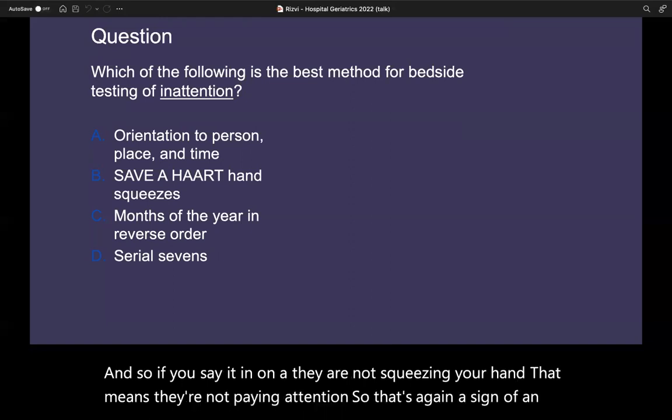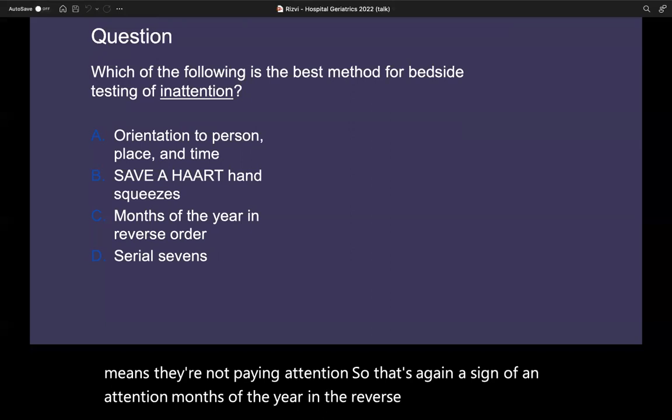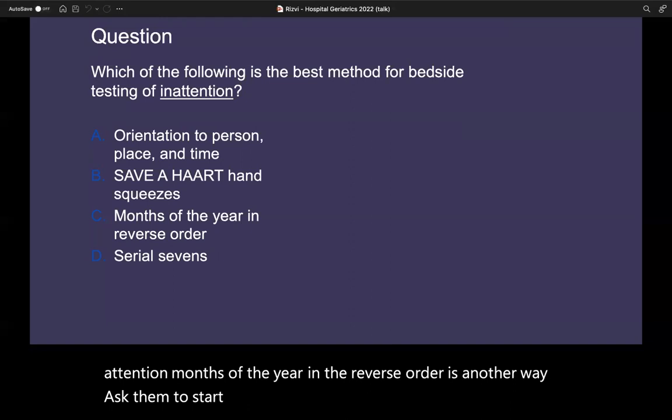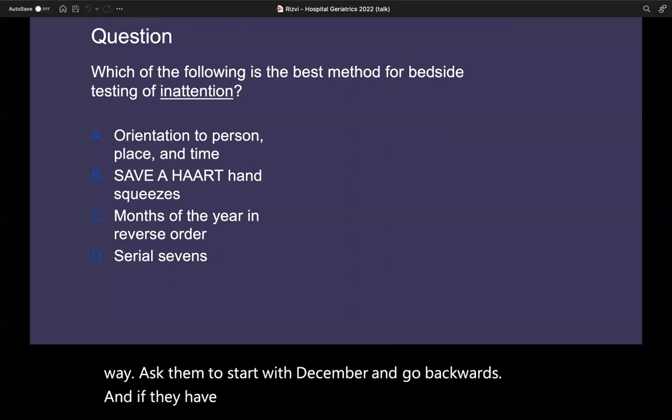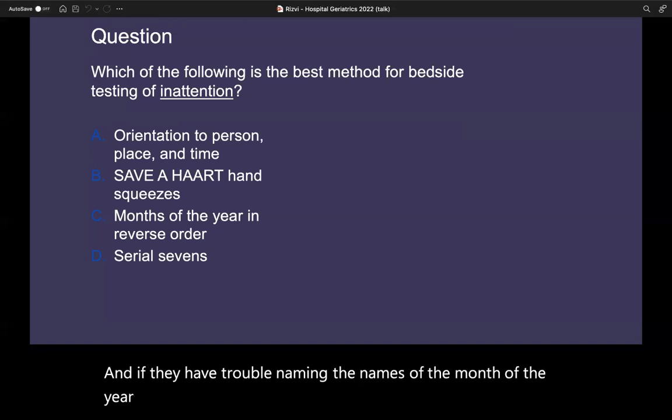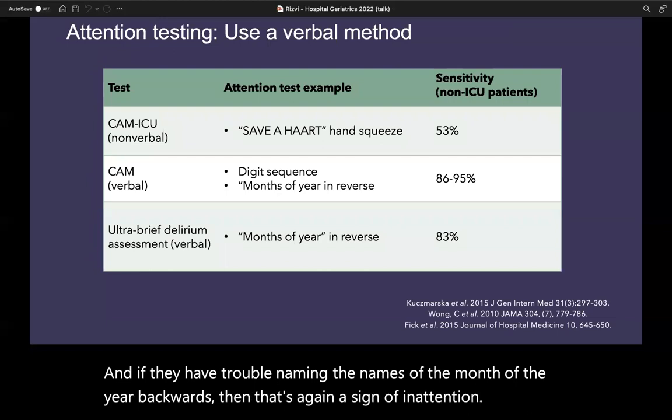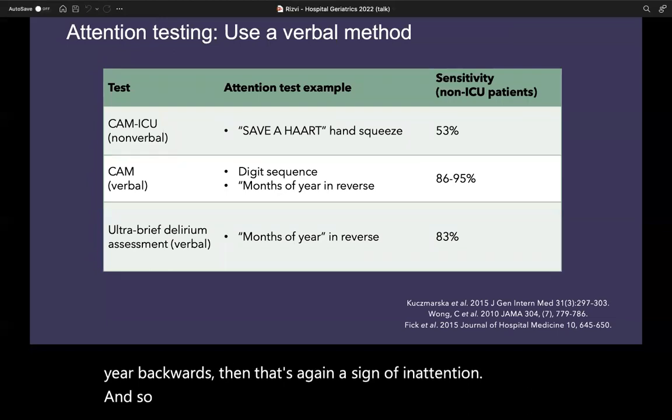Months of the year in the reverse order is another way. Ask them to start with December and go backwards. And if they have trouble naming the months of the year backwards, then that's again a sign of inattention. And so attention testing, use a verbal method.